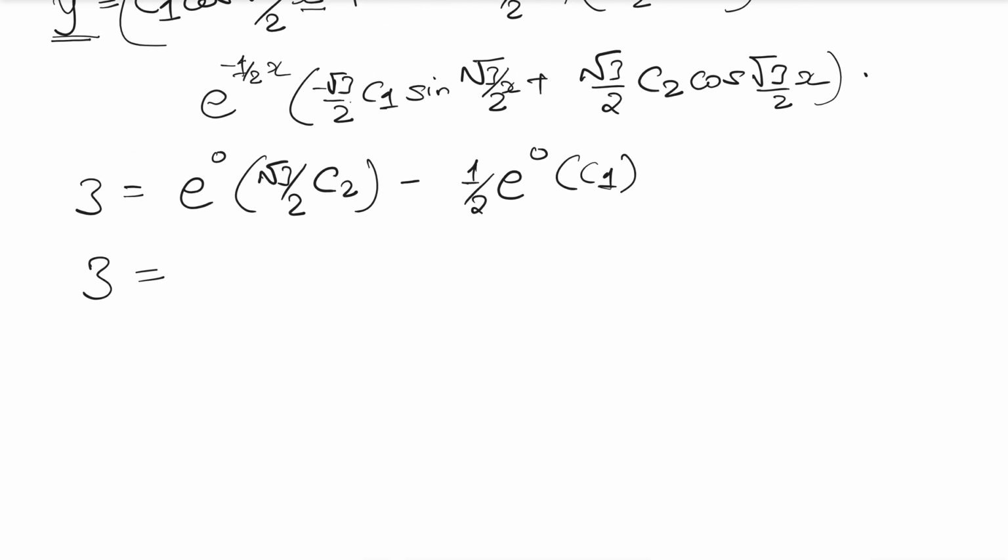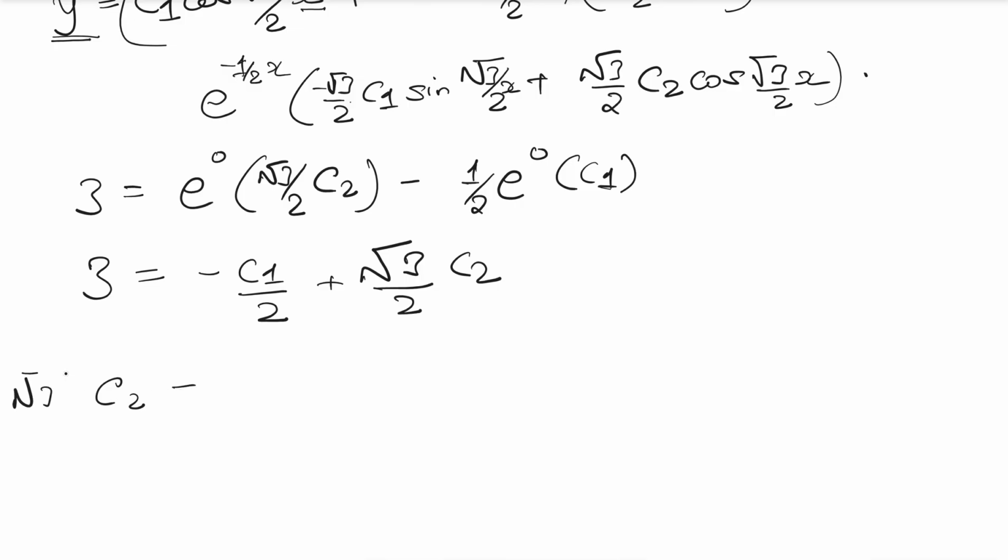So 3 equal to minus c1 by 2 plus root 3 by 2 c2. So root 3 by 2 c2 equal to 3 plus 1 by 2, c2 equal to 7 by root 3.